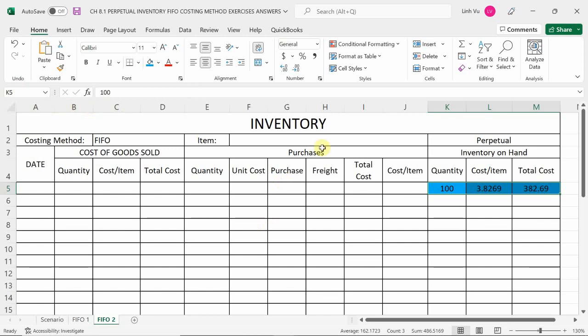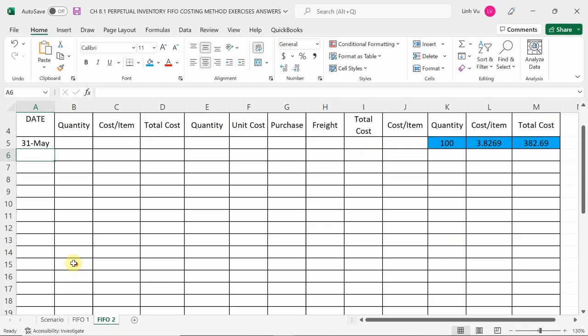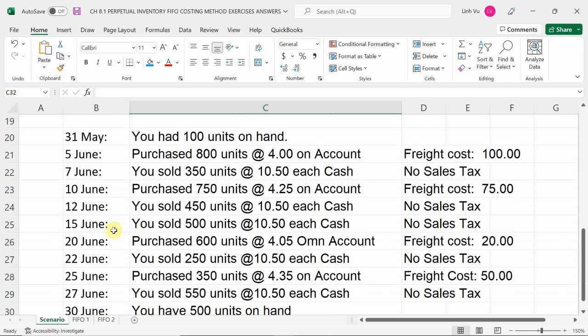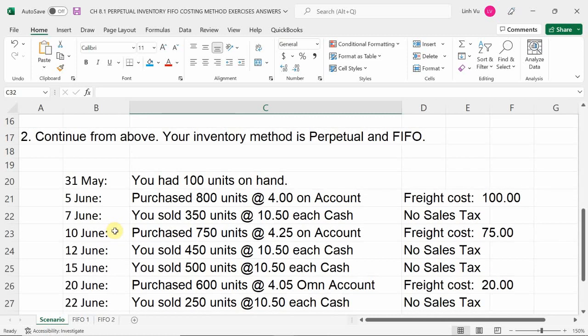Now you do have a choice. If you want to put the date here, you can, because we're not going to use this row. We're going to start on the very row underneath this one. So you could say May 31st, you had inventory on hand for that 100 units. Then let's see what happened next. June 5th, you end up purchasing 800 units at $4 each with a freight costing $100.